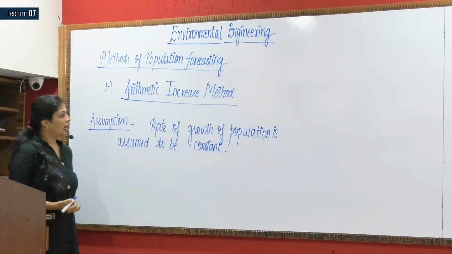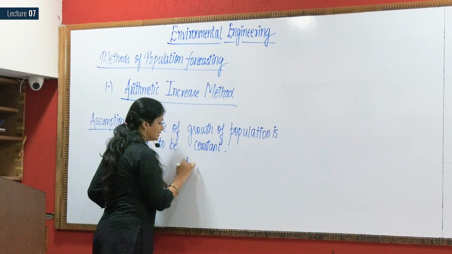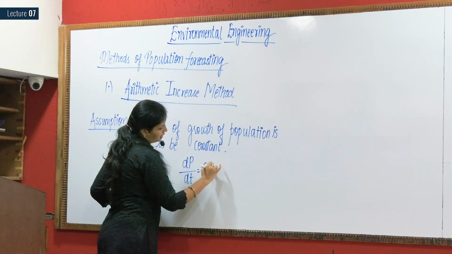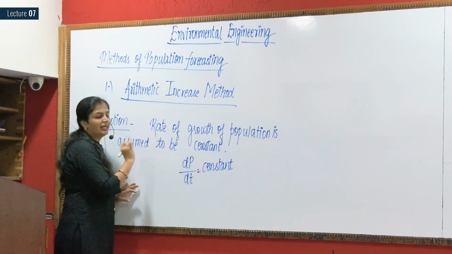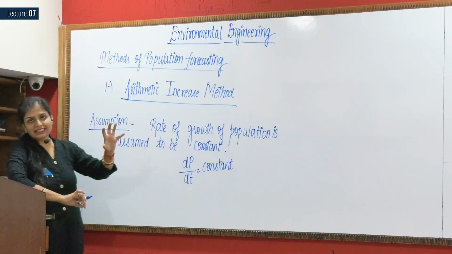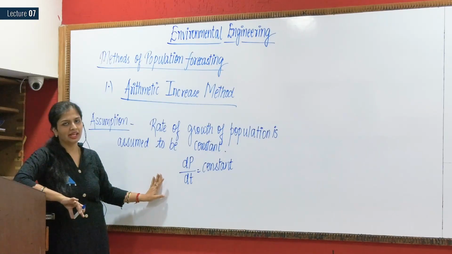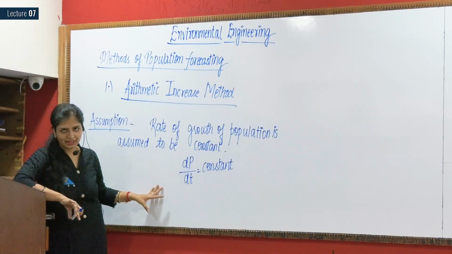Fine. Now, how can we represent this rate of growth of population? I have already told you, that is dP by dt is constant. This is our assumption. Practically, it doesn't happen like this. We have just assumed that this happens, but practically it doesn't.